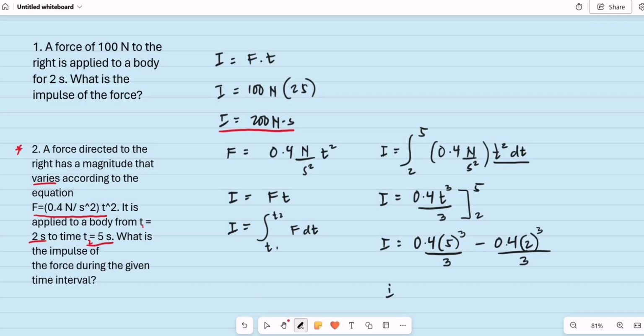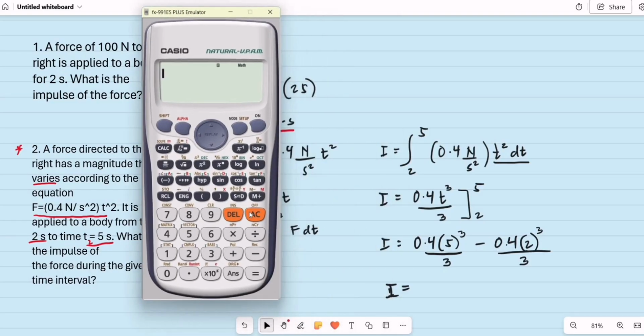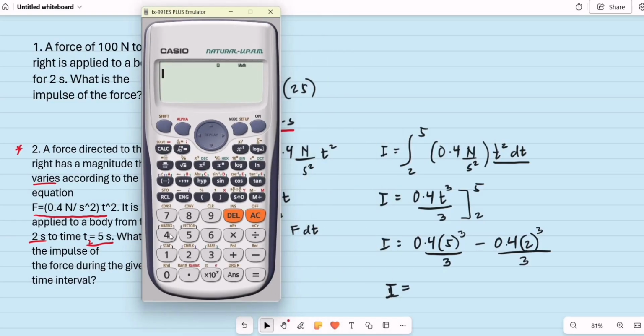So the value of the impulse for the given time interval is now equal to 0.4 multiplied by 5 cubed divided by 3, then minus 0.4 times the lower limit 2 cubed divided by 3.